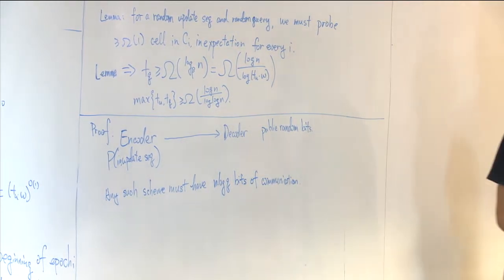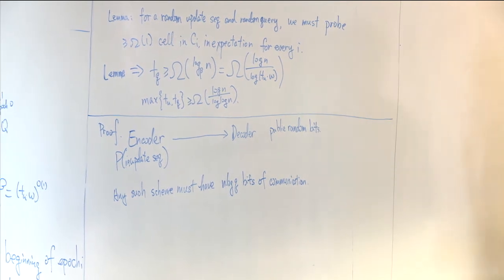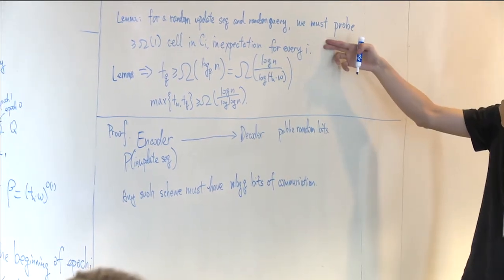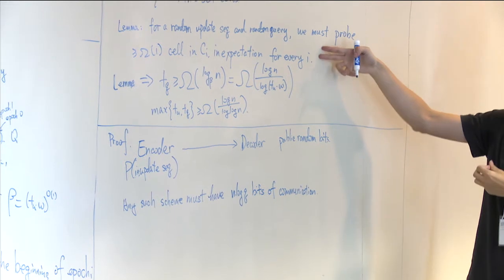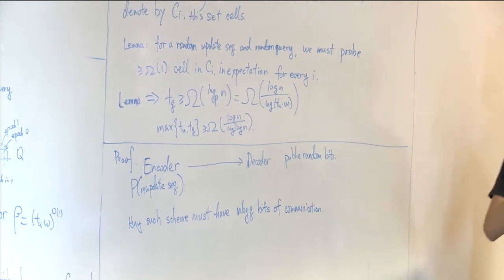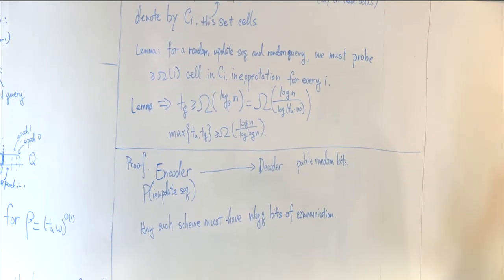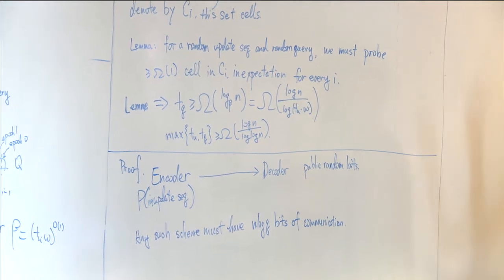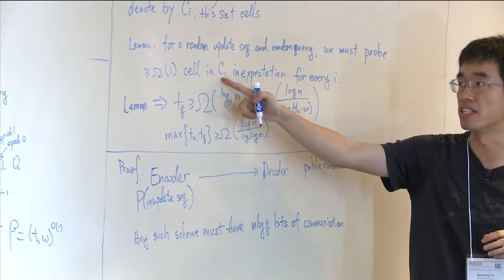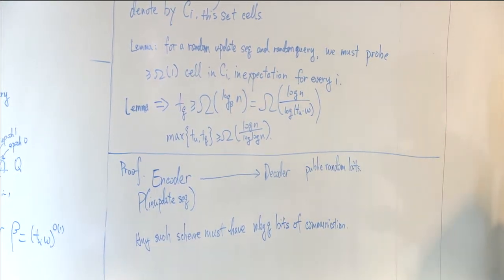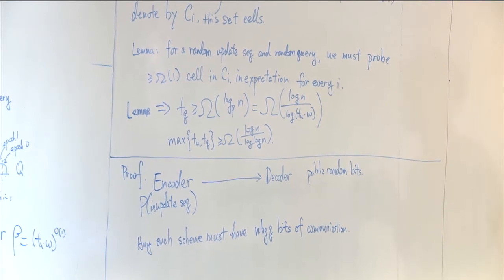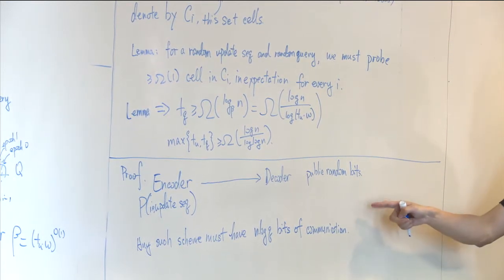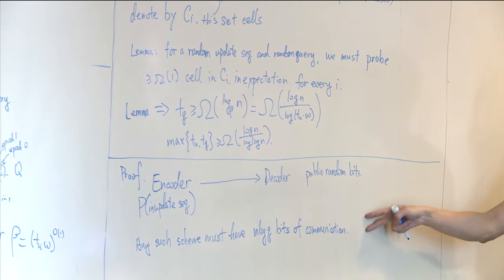Okay, so the main idea is that suppose we have a data structure where this is not true. That means for most of the time and for most of the queries, the query doesn't probe any cell in CI. Then we are going to use that data structure as a way to derive a very efficient encoding scheme for this problem.